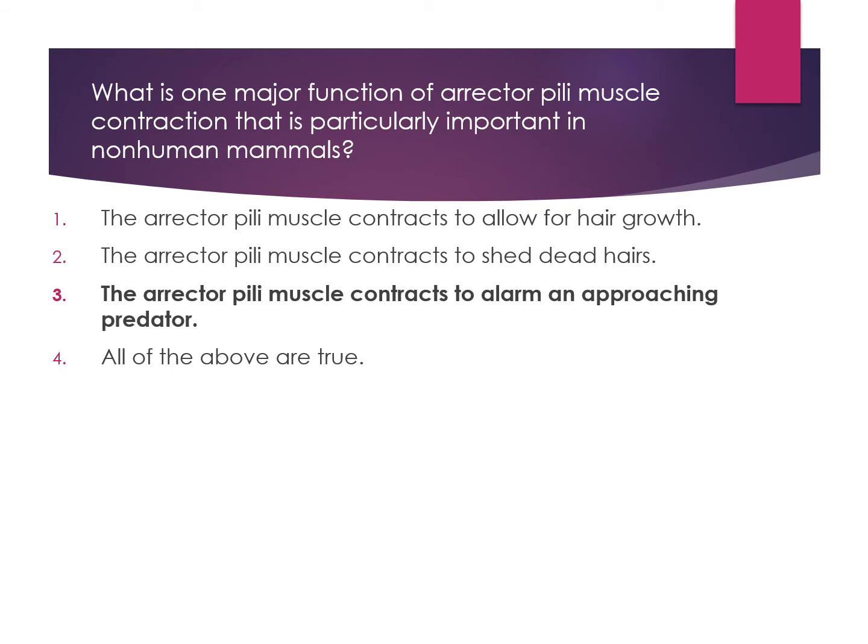Number 3, right. The erector pili muscle contracts to alarm an approaching predator. Remember, animals contract that muscle to make their hair stand up and make them look bigger when they are threatened.